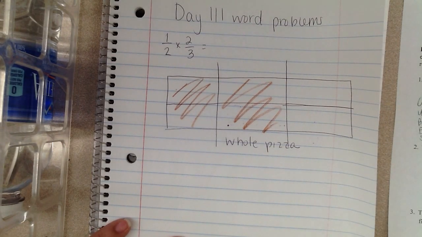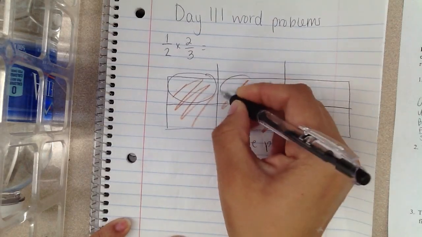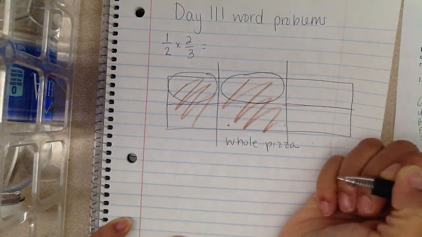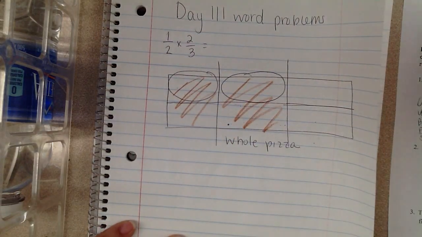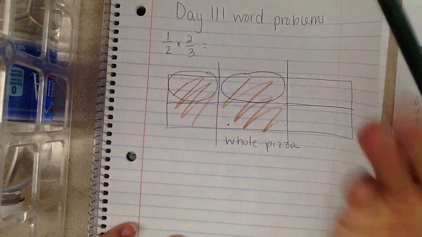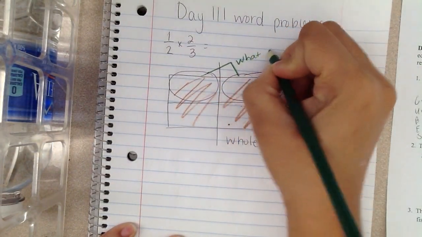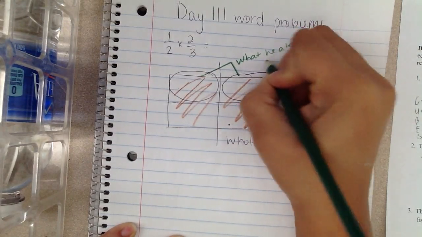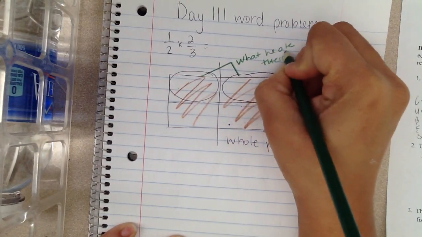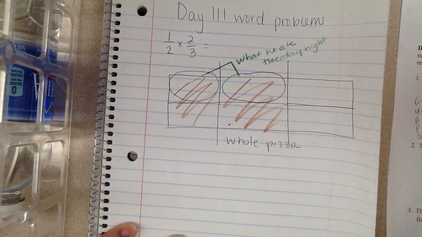Now, these halves of my 2/3 represent what he ate on Tuesday night. So this is what he ate Tuesday night. I've got to figure out exactly how much that represents.